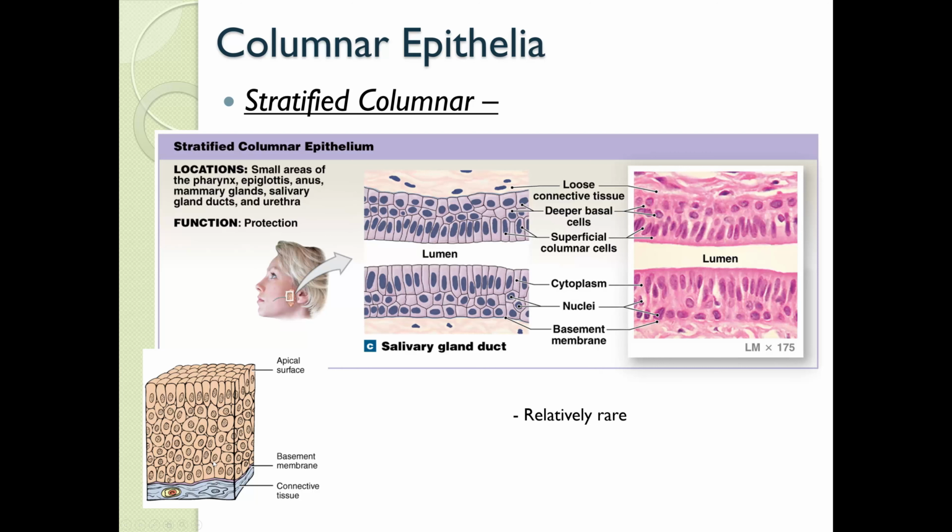The cells underneath are going to look more cuboidal. So you'll never look at the cell shape next to the basement membrane. And then again, we have connective tissue underneath. You can find stratified columnar in small areas in the pharynx, epiglottis, anus, mammary glands, salivary gland ducts, and the urethra, and it functions for protection.